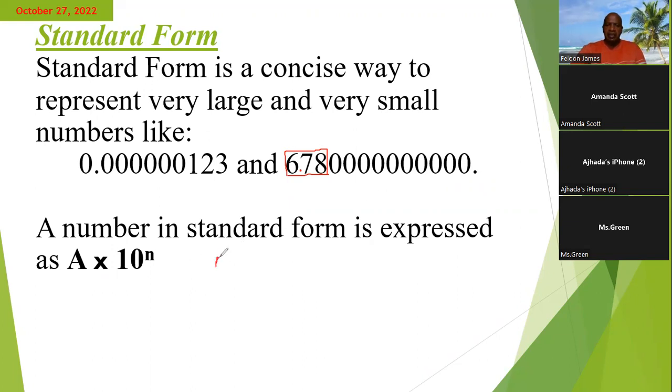So A then is equal to, what is A equal to, Ms. Green? 6.78, sir. 6.78.